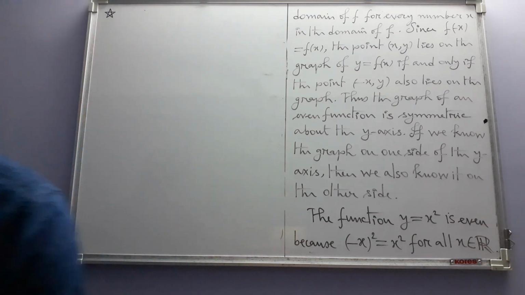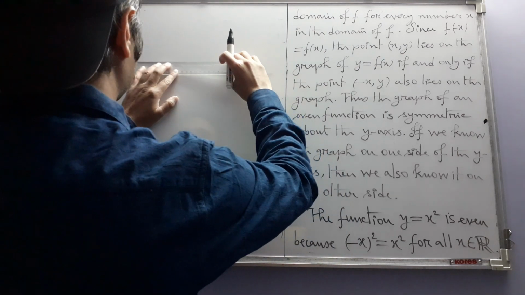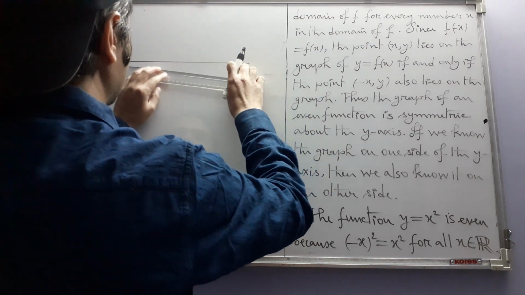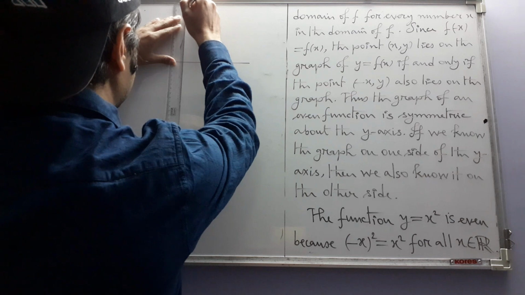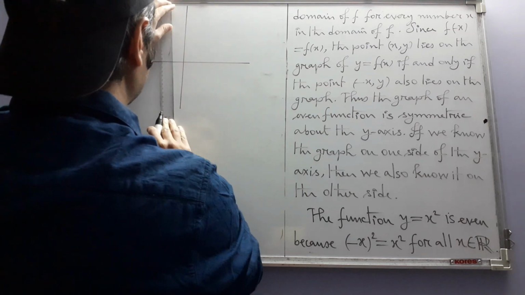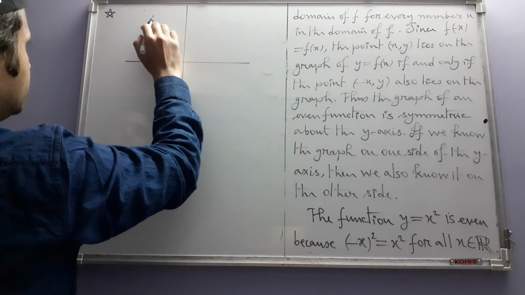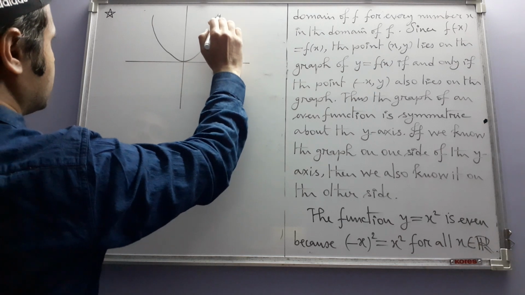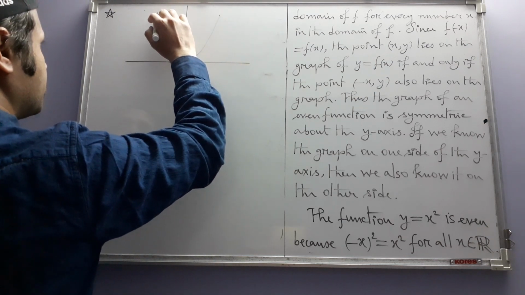Geometrically, the consequence of all these things is this. If I draw the graph of the square function, which I am going to do, see, already I messed up.